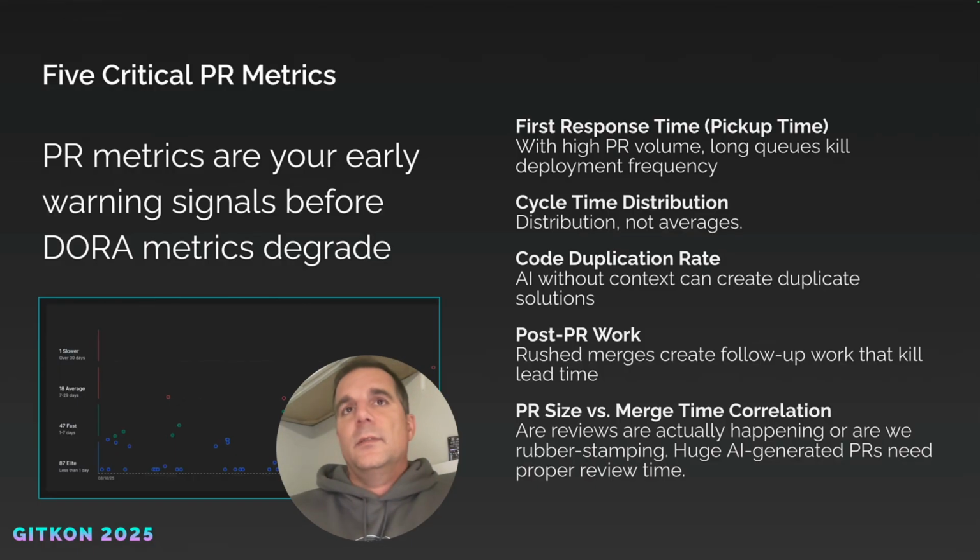Not only just the face value of cycle time being important, right? It is important to maintain your averages on overall cycle time for a PR review, but you want a distribution as well.